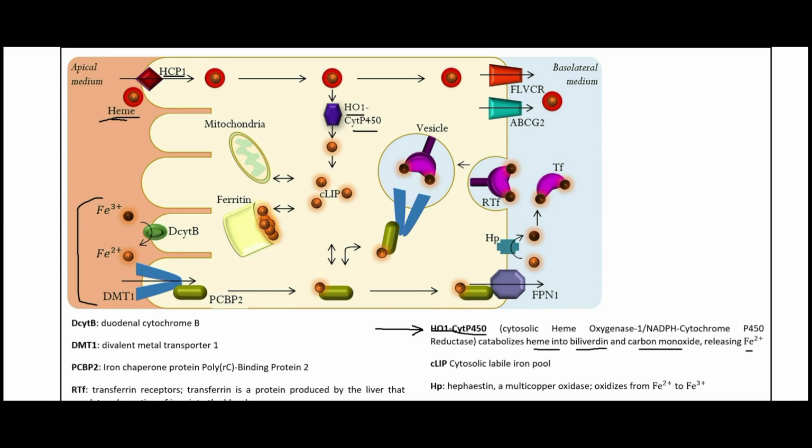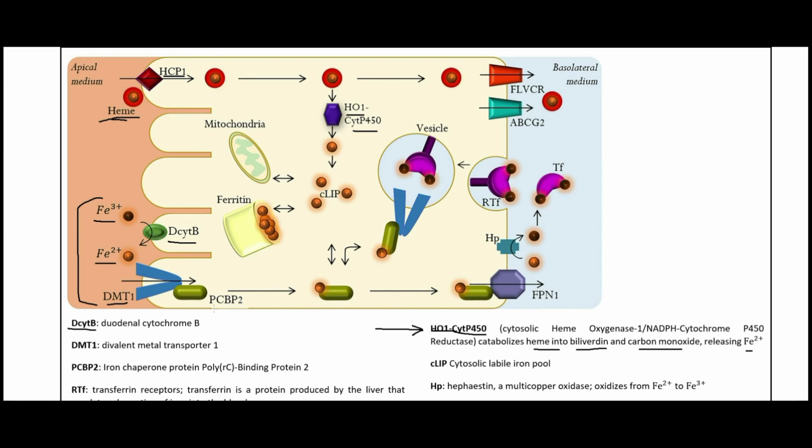The thing to notice down here is that it's the iron 2 plus that we actually absorb. The iron 3 plus, this more oxidized state, is not very soluble, so it has to be reduced by this duodenal cytochrome B right here. So it goes from the Fe3 plus to the Fe2 plus, and then this DMT1, the divalent metal transporter, brings that in.